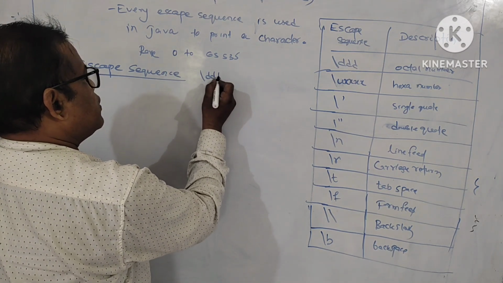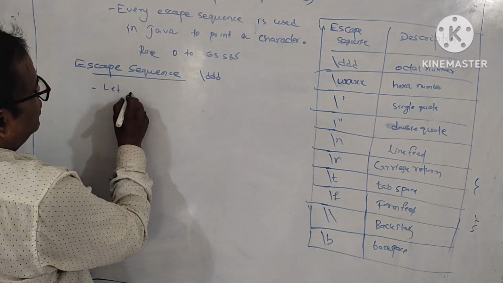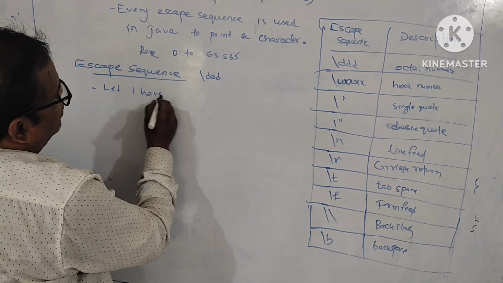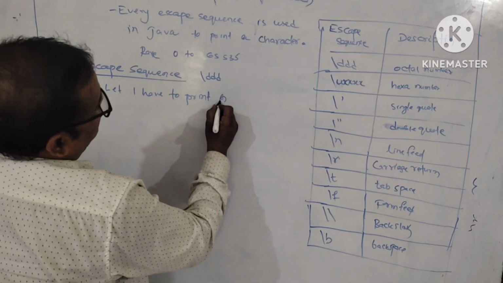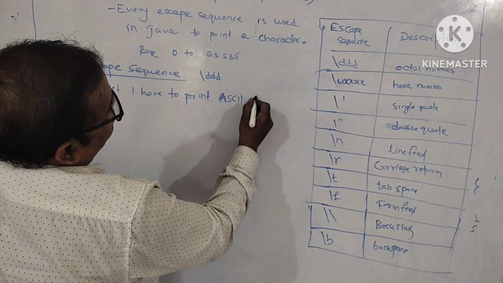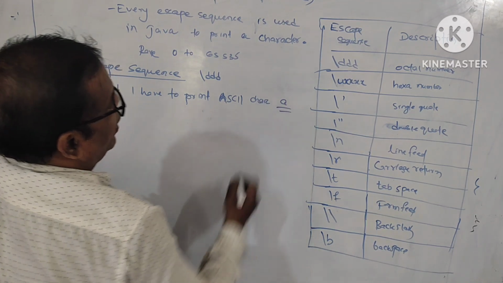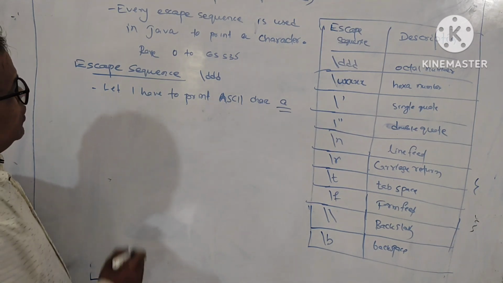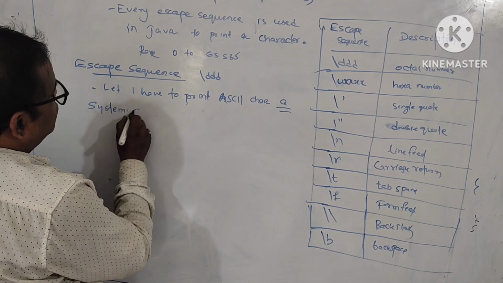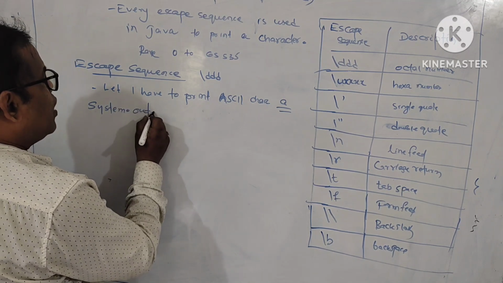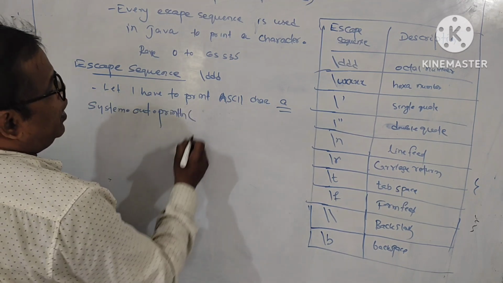Suppose I have to print the ASCII character A. I can write like this: System.out.println.